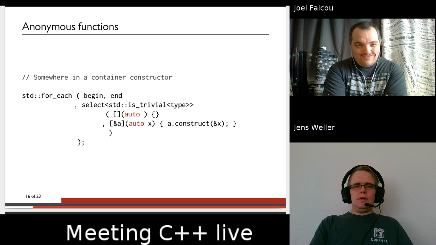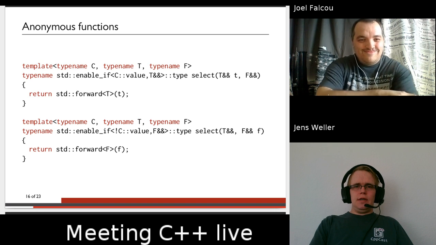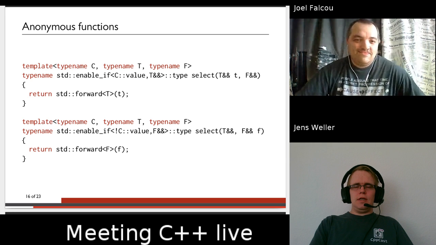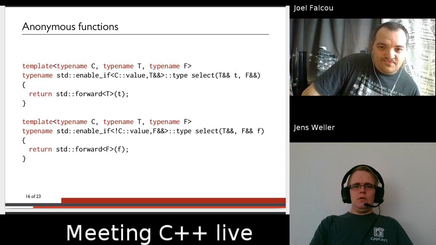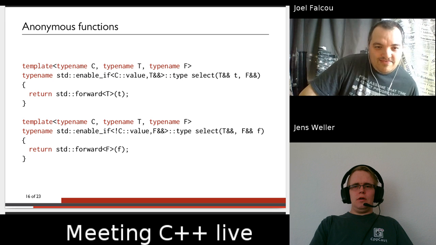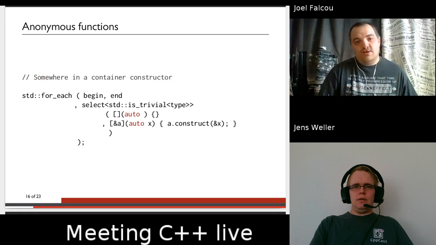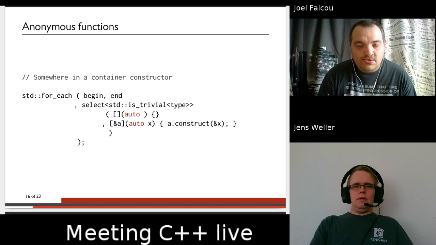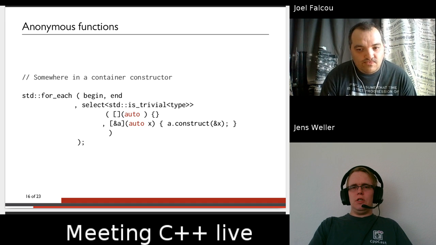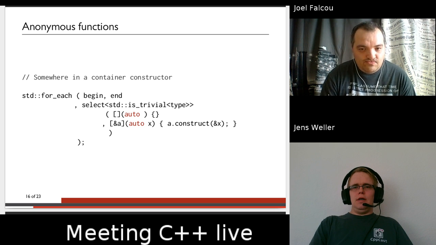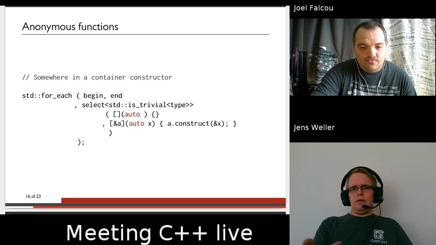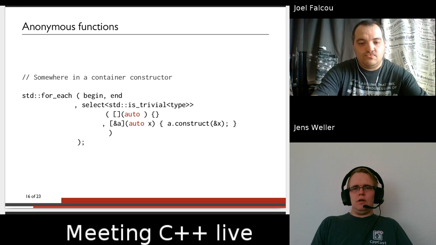Okay, so in the next two slides, you show how to use enable_if to simply call a selected function on the type itself, right? Yes. And then use for_each on some container and use the select template and use is_trivial to see if the type itself is trivial or not.